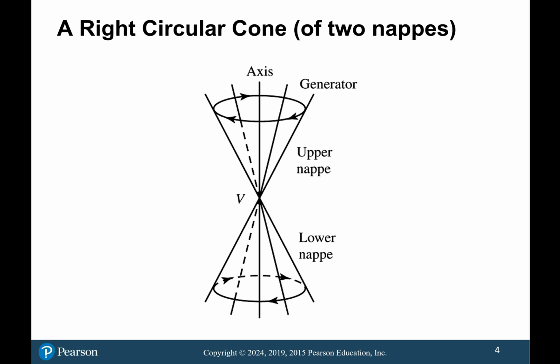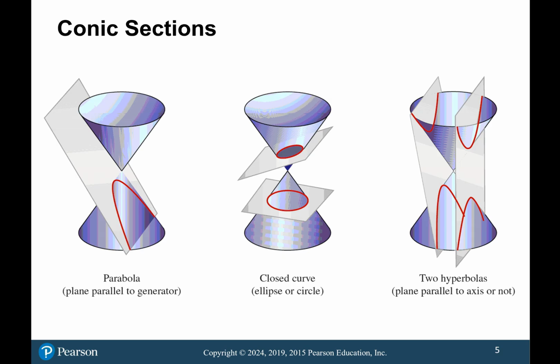We're not only going to get one cone, we're actually going to get two of them that are connected at that vertex point, and those are the upper nap and the lower one. Conic section means we're going to slice through this. We're going to take a section of this double napped cone.